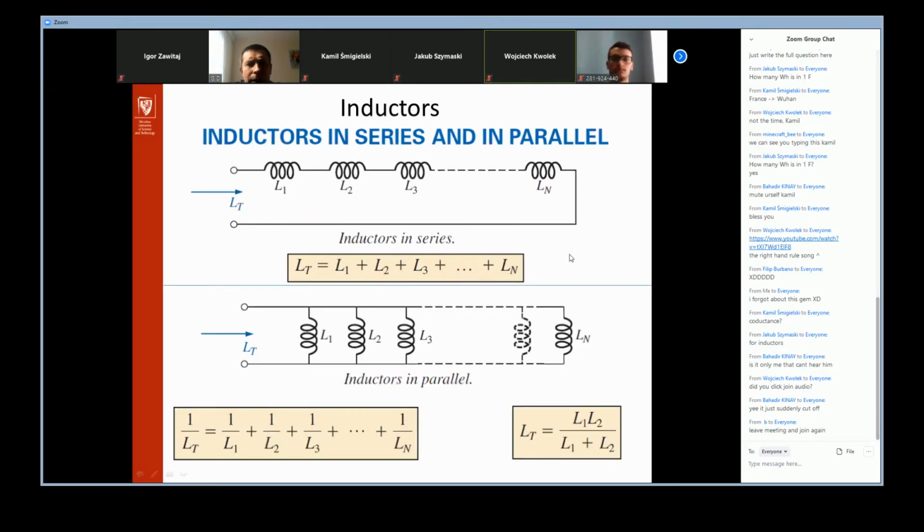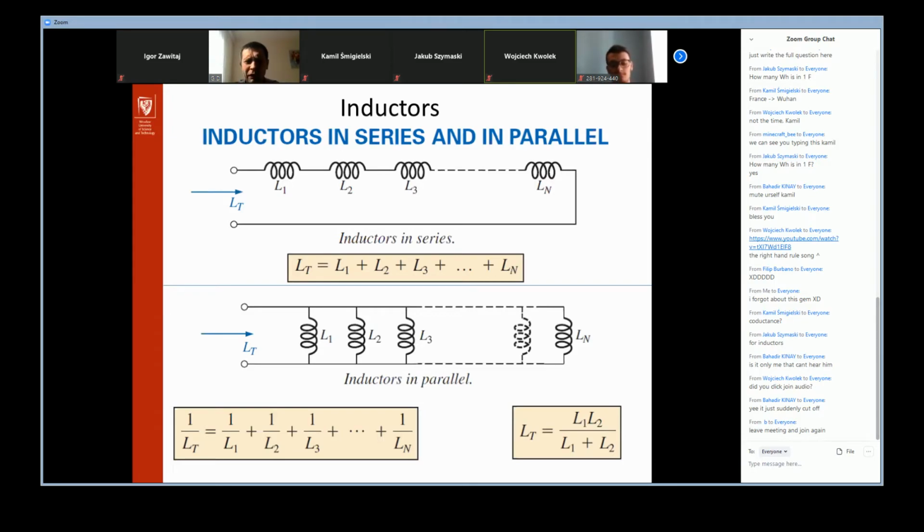And the next thing: how we can connect inductors in parallel and in series. Everything you have to remember is that for inductors, in fact, it is the same. The total inductance for the parallel and the series connection is the same as for the resistances.